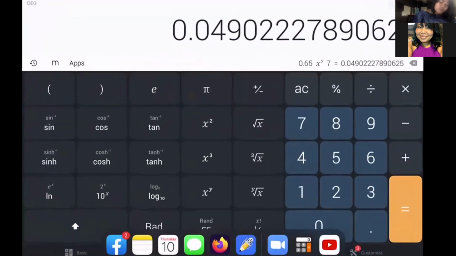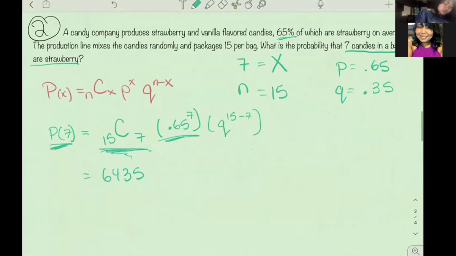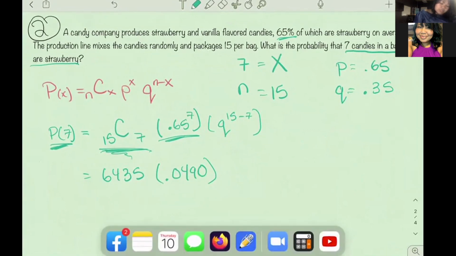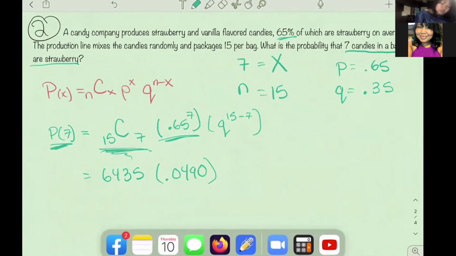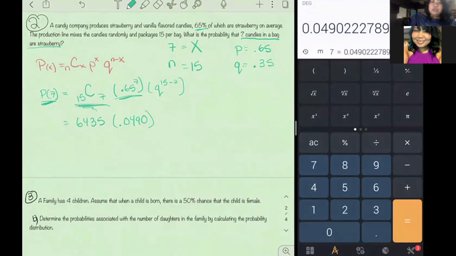I'm going to try to keep it to 4 decimals. I believe that's right? Let's see if I can put this here. Fancy. Okay, so let's bring it down here.